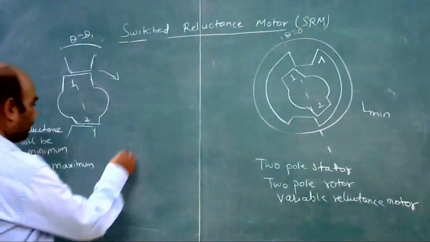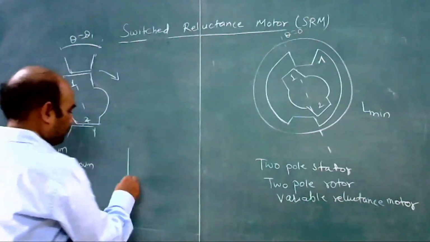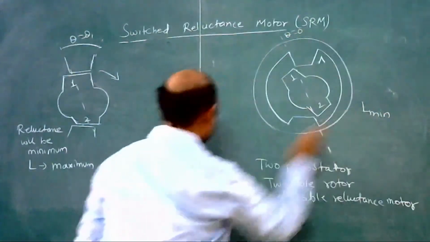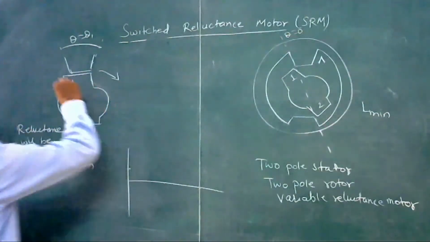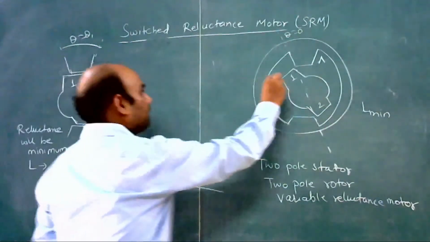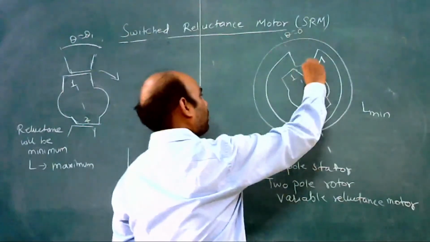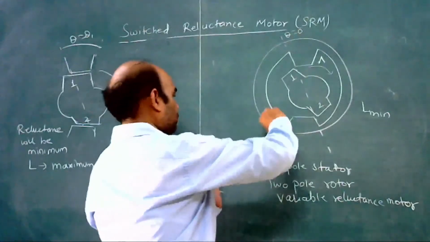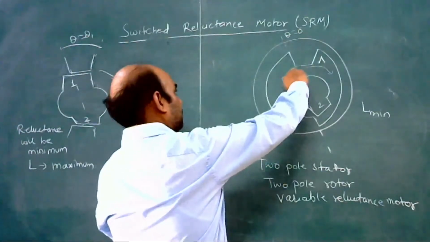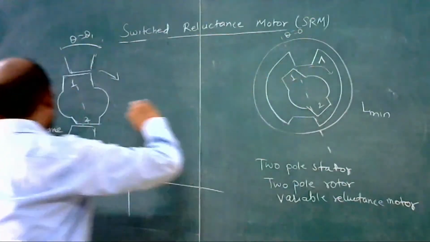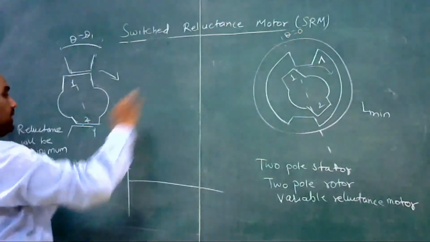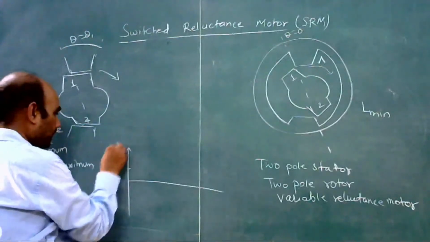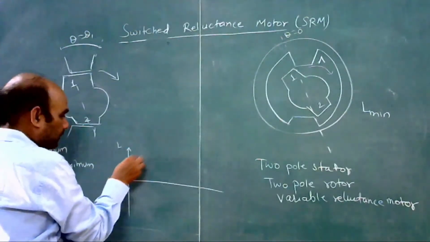Okay, so let's suppose initially the L is minimum, and then as it is rotating in clockwise direction like this, the reluctance is decreasing and inductance is increasing. So this is L, and this will be increasing.